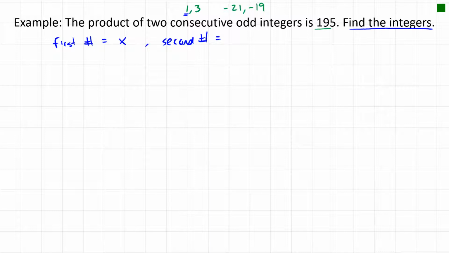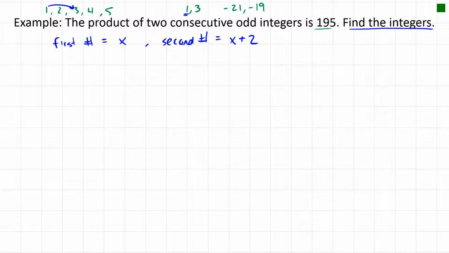Well, it's the next consecutive odd number. So if x is equal to 1, the second number is x plus 2, because the next odd integer is 2 away. Again, if we have 1, 2, 3, 4, 5, if we start at 1, the next odd integer is plus 2 away.